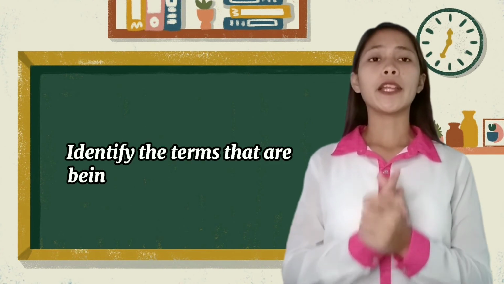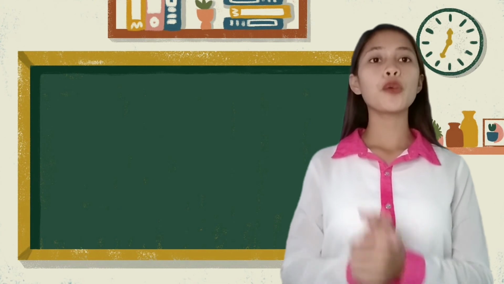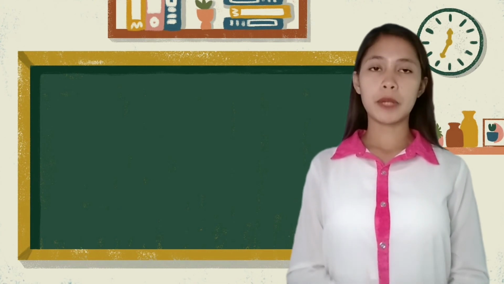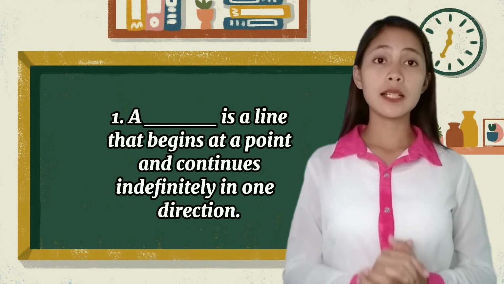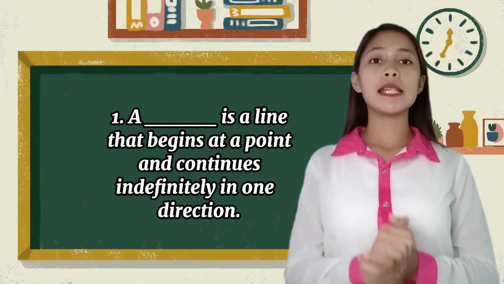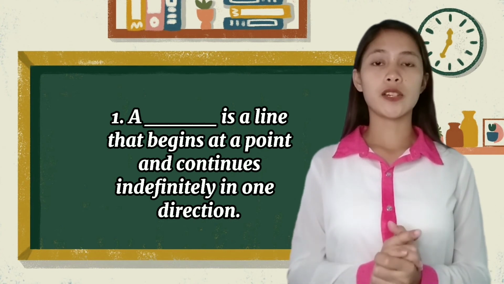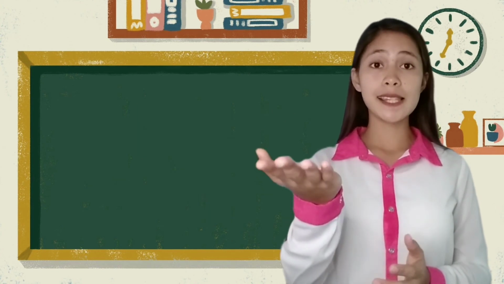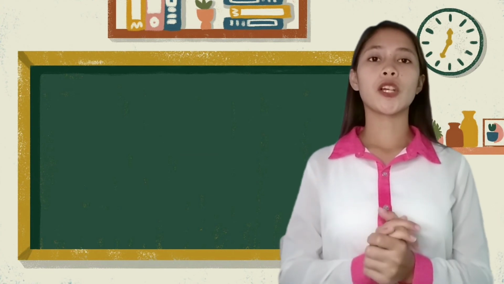Direction. Identify the terms that are being asked in each item. Fill in the blanks with the terms that are being asked. First question. A blank is a line that begins at a point and continues indefinitely in one direction. Yes? Ray, very good. Second question.